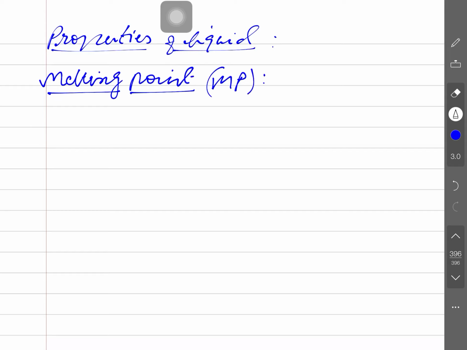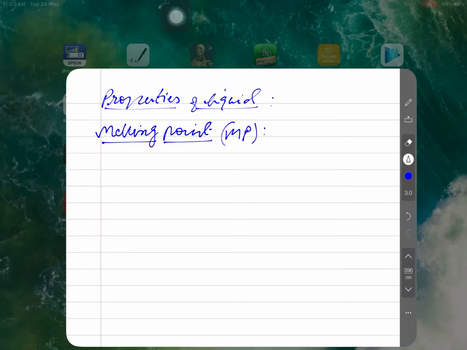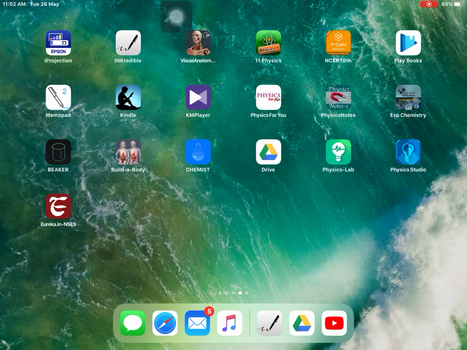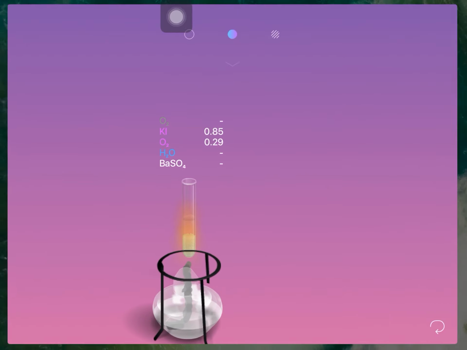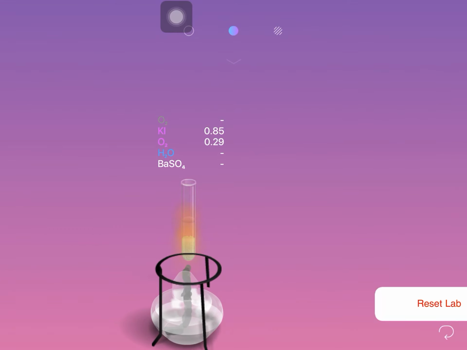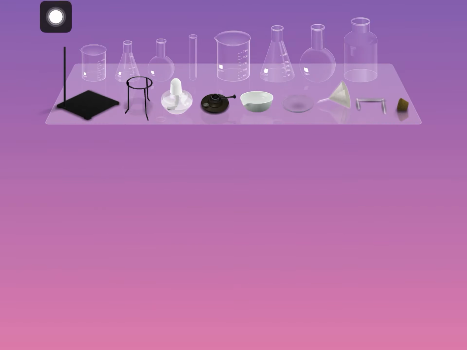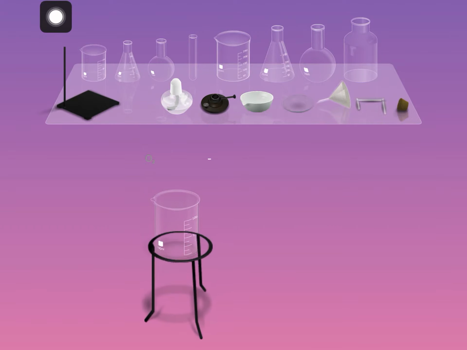If you take some liquid, means you take a container and put water into that container, and you boil it for some time. Then you will understand this. Right now we have taken the beaker and the tripod stand also.